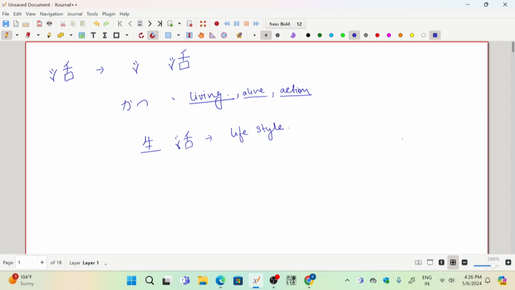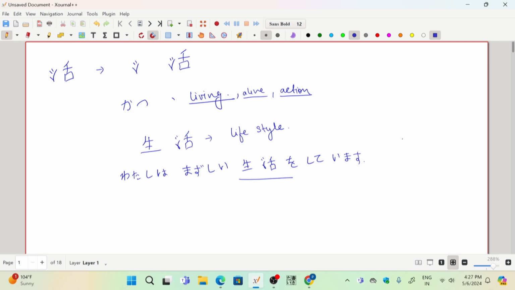If I say I'm leading a poor lifestyle, then watashi wa mazushii seikatsu o shite imasu. Shite imasu. So this is one of the examples here. Seikatsu is lifestyle.